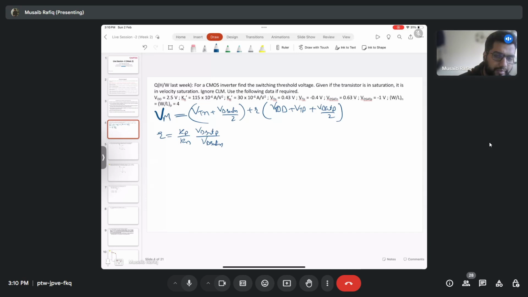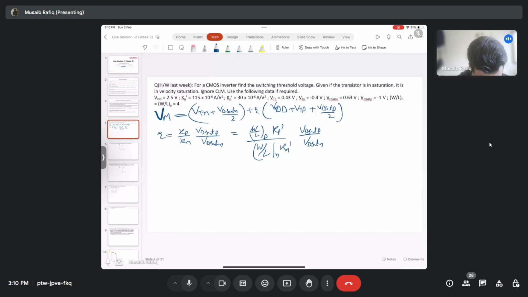I'll only concentrate on magnitudes, the sign I won't take here. So Kp will be equal to W by L p times Kp bar, by W by L n times Kn prime, multiplied by Vd sat p by Vd sat n.